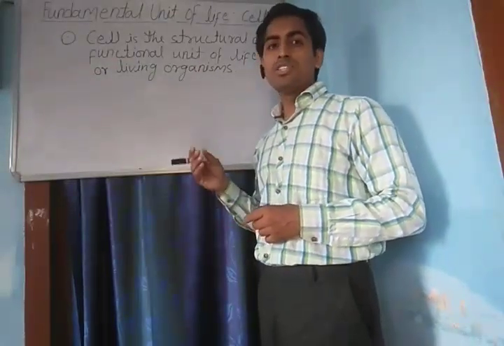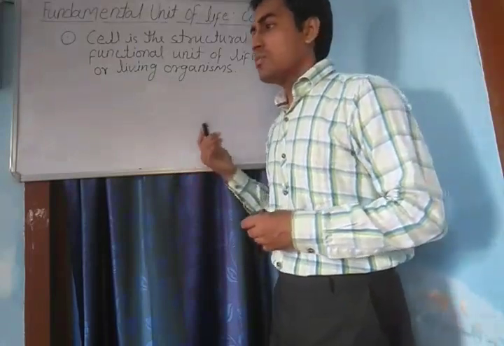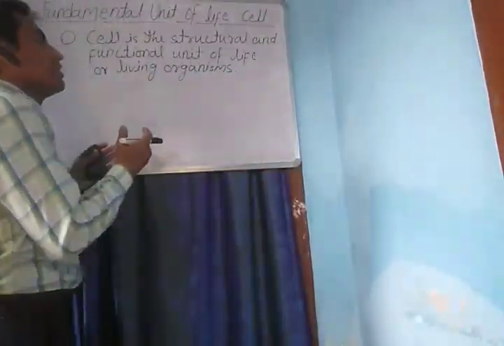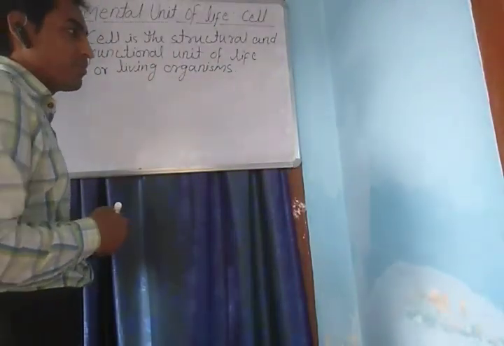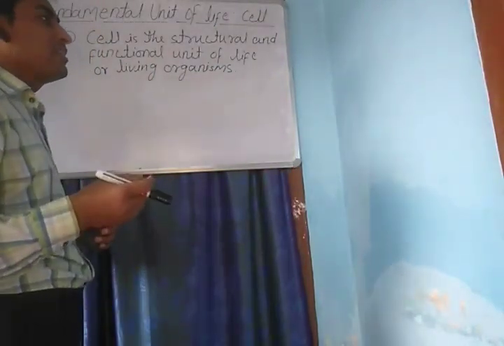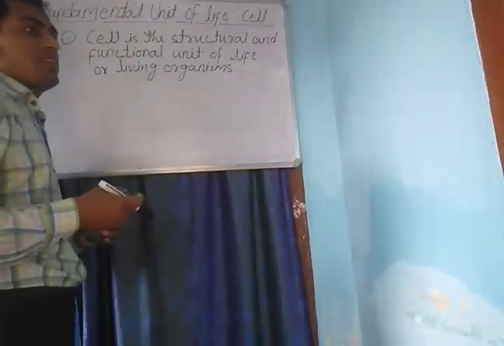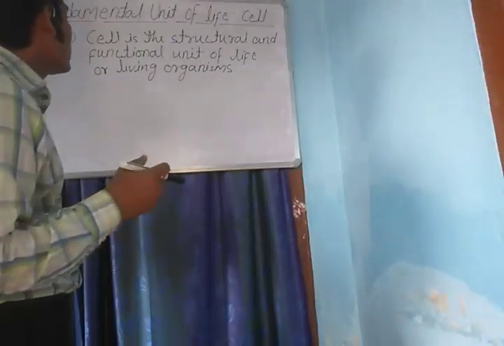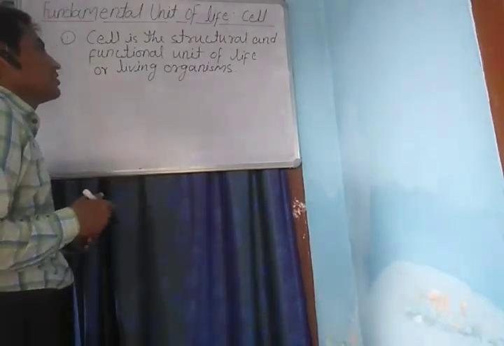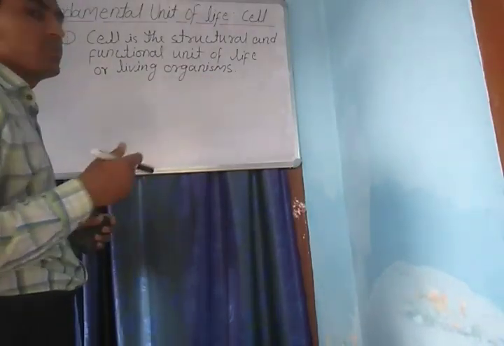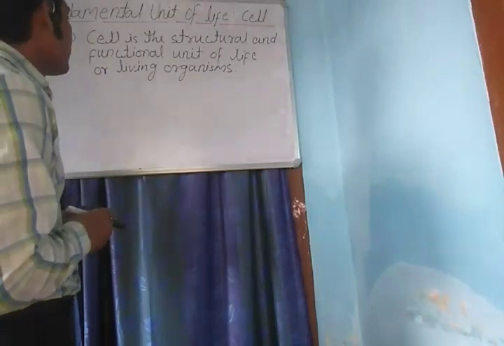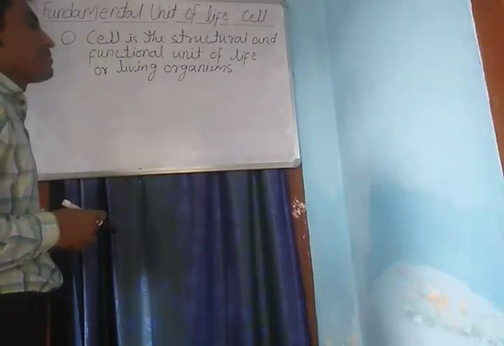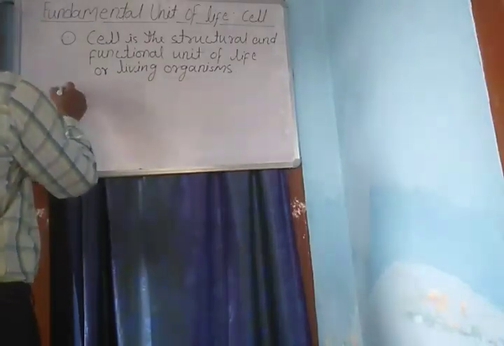So I shall describe the other topics of this chapter in this video, and I have linked the previous video in the description box. You can see from there the video related to the discovery of cell.